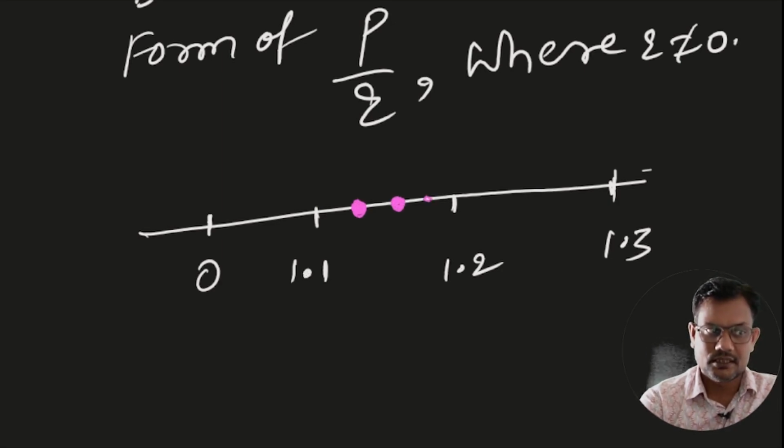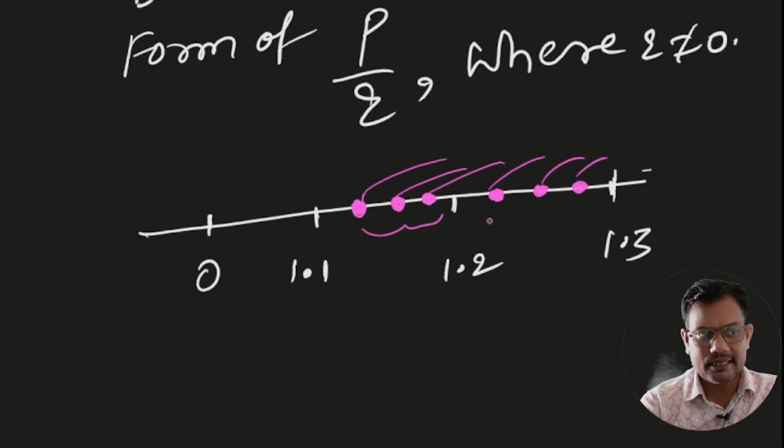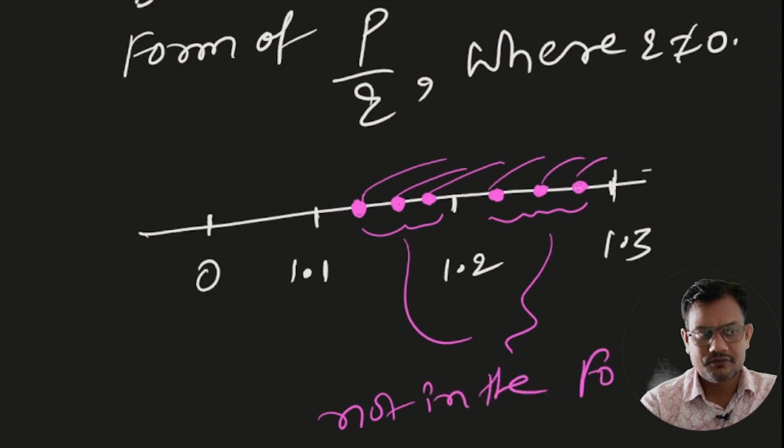From those, if we observe any number which is not in the form of p by q, then this number is called an irrational number.